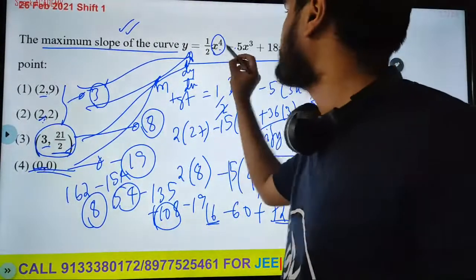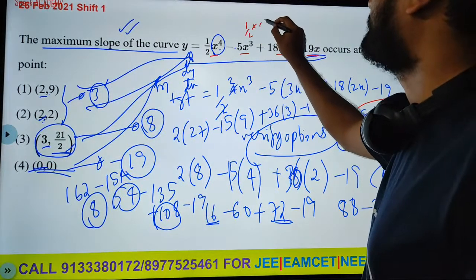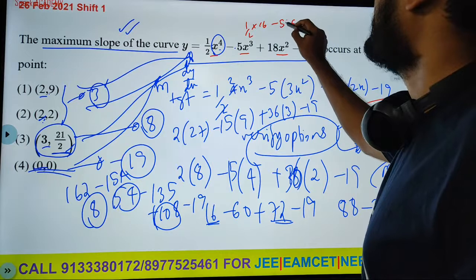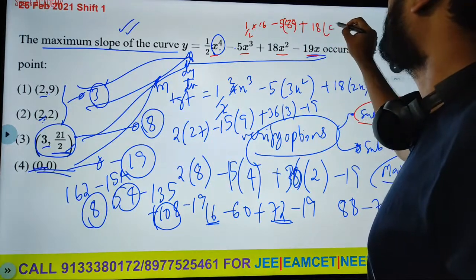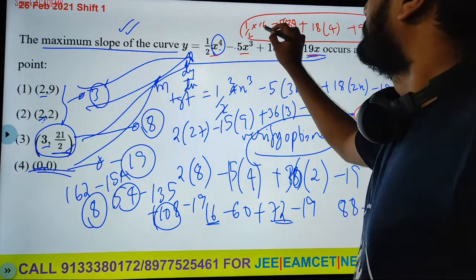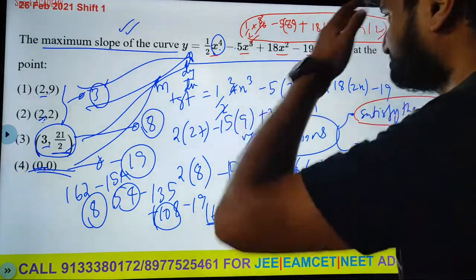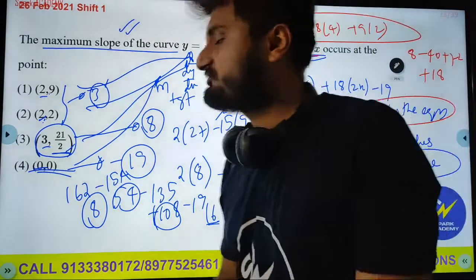Instead of x, just give 2 and check what we are getting. 1 by 2 times 2 power 4 is 16, minus 5 times 8 plus 18 times 4 minus 19 times 2. So like this you need to check and solve.